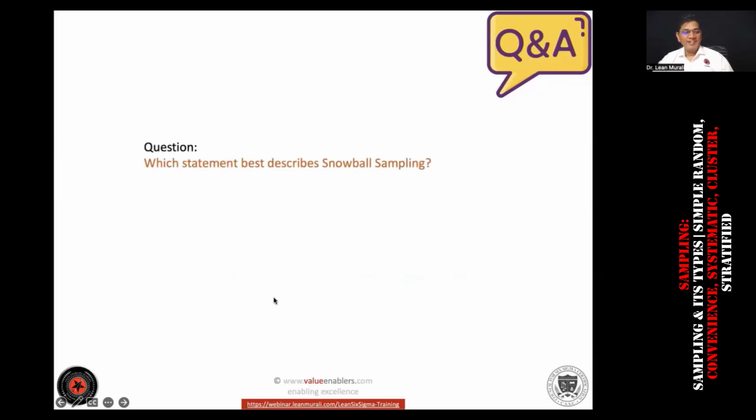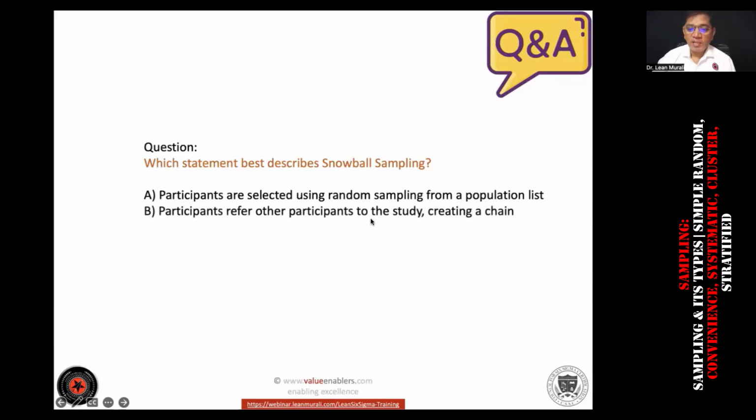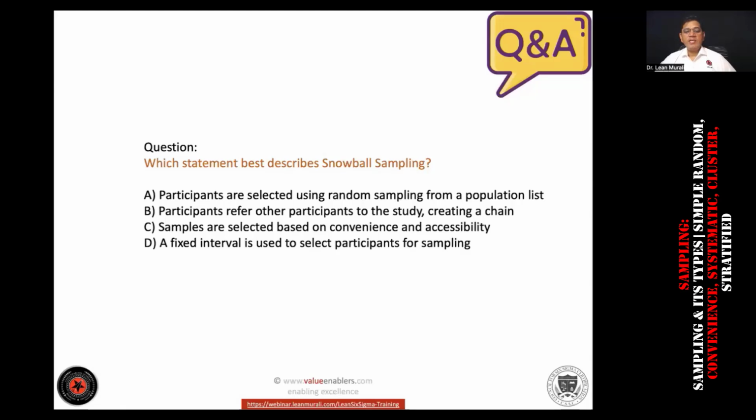Okay, which statement best describes snowball sampling? Participants selected using random sampling from the population list. Participants refer other participants to the study to create a chain. Samples are selected based on convenience and accessibility. A fixed interval is used to select participants.